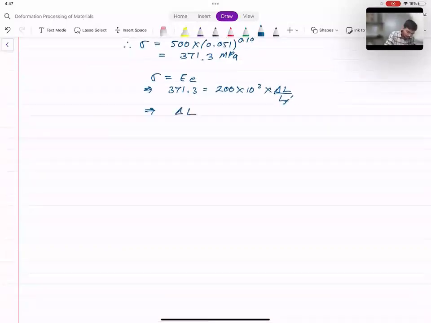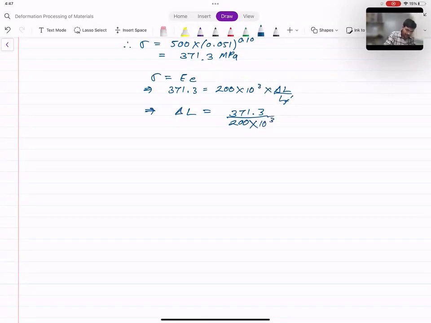Okay, so now let us substitute the values. From here we can get delta L as 371.3 over 200 into 10 to the power 3, multiplied by this LF prime. Okay, so this delta L comes out to be approximately, I've calculated, 0.1763 mm.